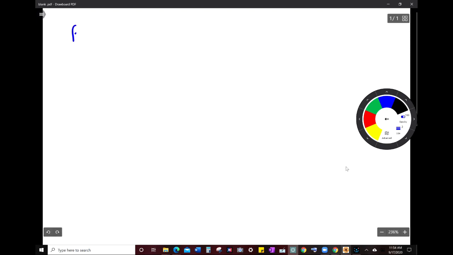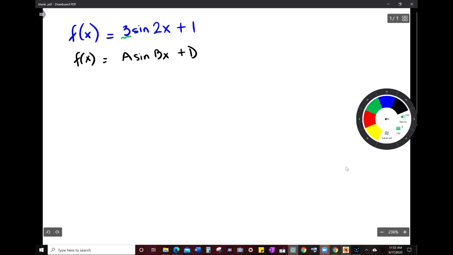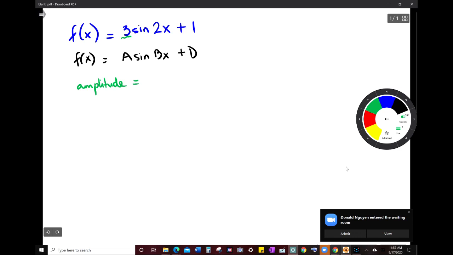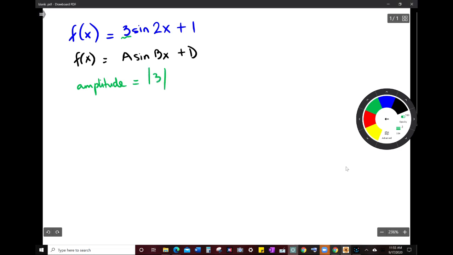Okay, so for example, I can create a function f of x equals 3 sine 2x plus 1. Okay. So then if I use the shortcut way, I rewrite it as f of x equals a sine bx plus d. So then I see my amplitude is the absolute value of 3, and it's 3.